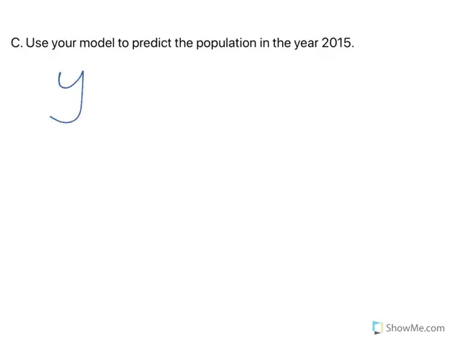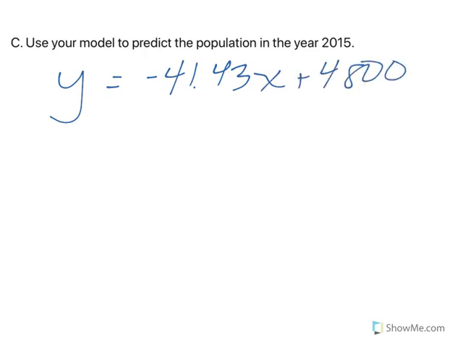Use that model, y equals negative 41.43x plus 4,800, to predict the population in the year 2015. Remember, x was 0 in 1900. If I'm talking about 2015, how many years later is that? That's 115 years later, so my x value is 115.